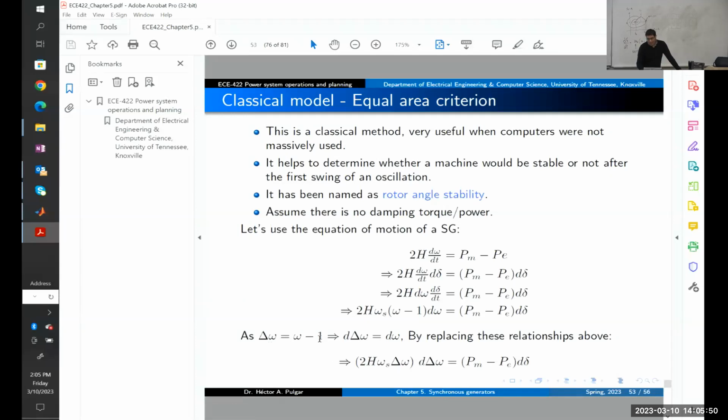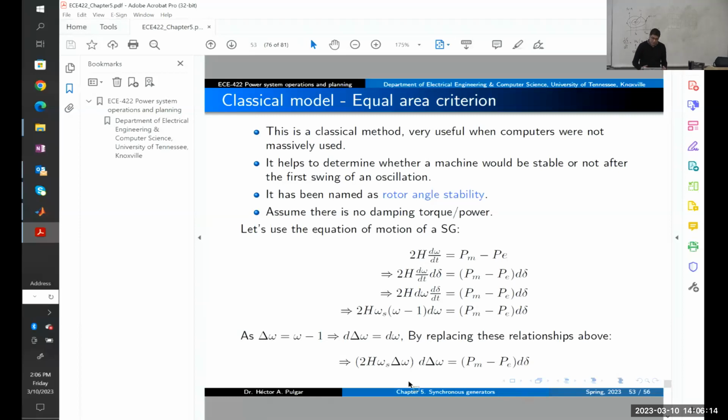Now, because we're adding 1, which is a constant, if you get the derivative of this, then the derivative of delta omega will be the same as the derivative of omega. So in this equation, this differential of omega can be replaced by the differential of delta omega. Now we have this equation.